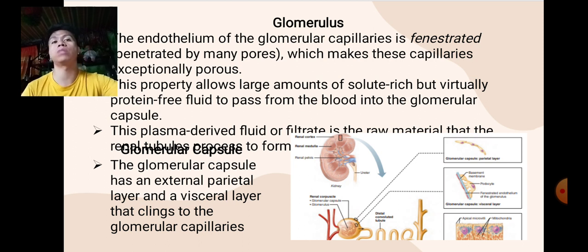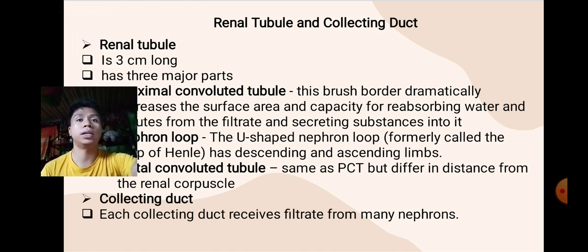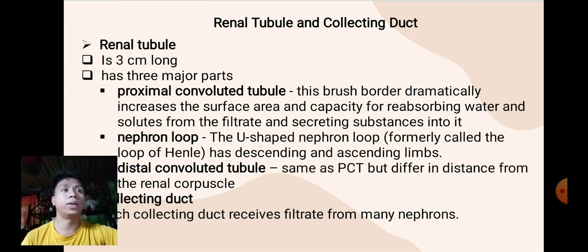This property allows a large amount of solute-rich but virtually protein-free fluid to pass from the blood into the glomerular capsule. This plasma derivative is the fluid filtrate that the renal tubules form. The glomerular capsule has an external parietal layer and a visceral layer that clings to the glomerular capillaries.